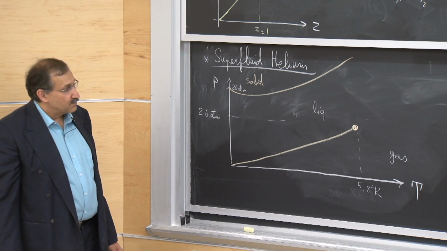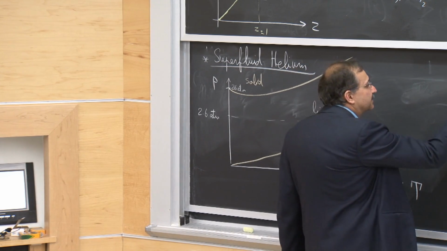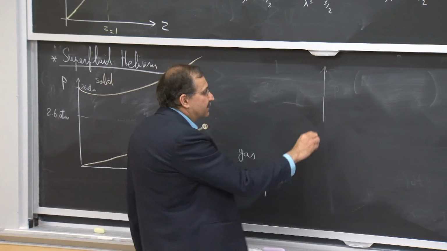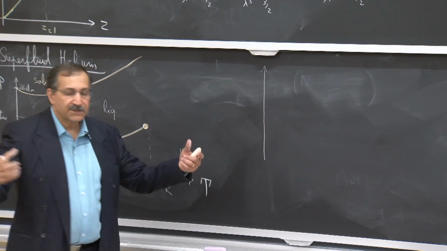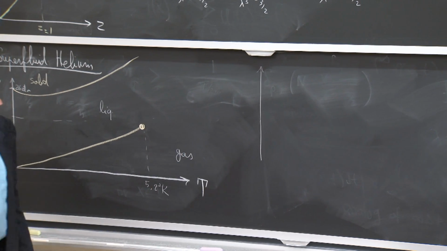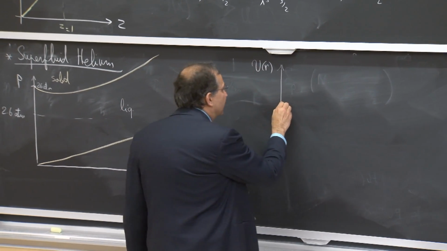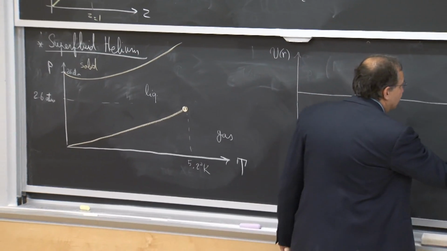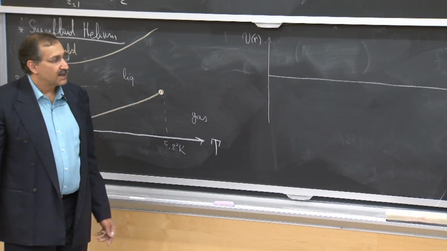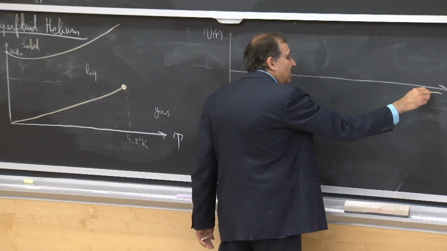So let's think about why that is the case. Well, why do things typically become solids anyway? The reason is that if I think about the interaction between two objects, two atoms or molecules, we have discussed this in connection with condensation before, at very large separations, there is a van der Waals attraction.